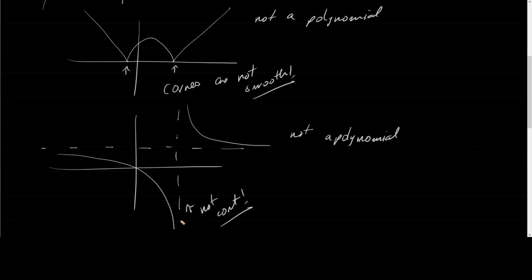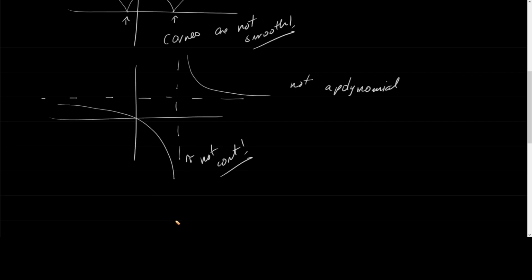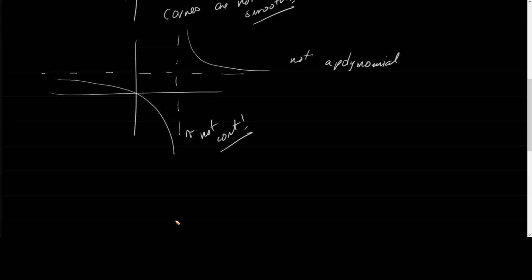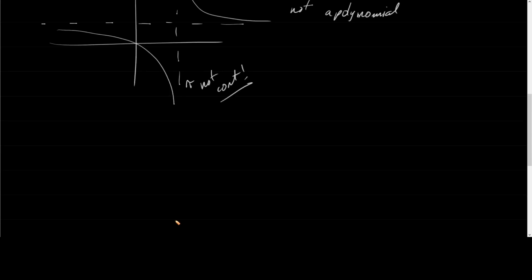The curves are nice, right? Those are fine. They're smooth, they're rounded, but we have this vertical asymptote, which makes it not be continuous. All right. So in general, the graph of a polynomial function is going to be a nice smooth curve.